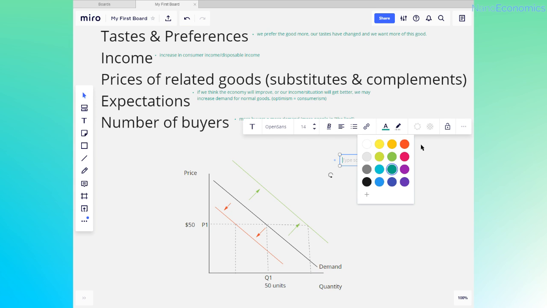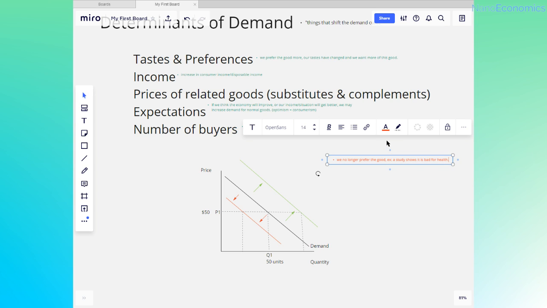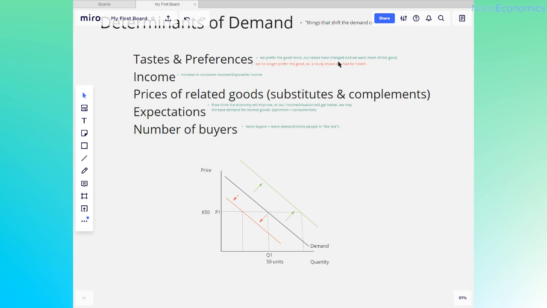Now what we want to do is talk about the reverse. A good example, which actually comes up in a lot of multiple choice questions at this level of economics, and can be used in both contexts, is coffee.